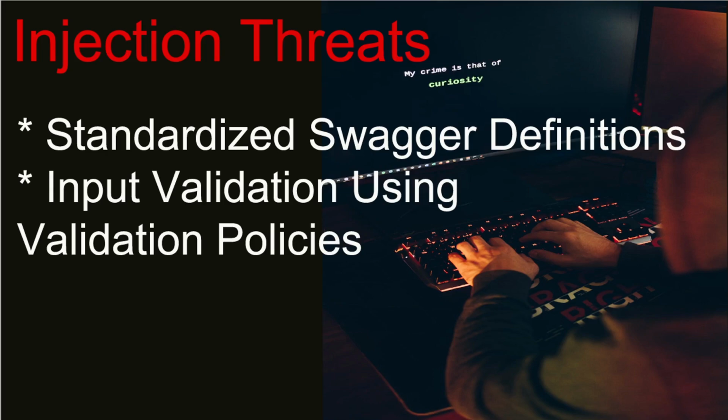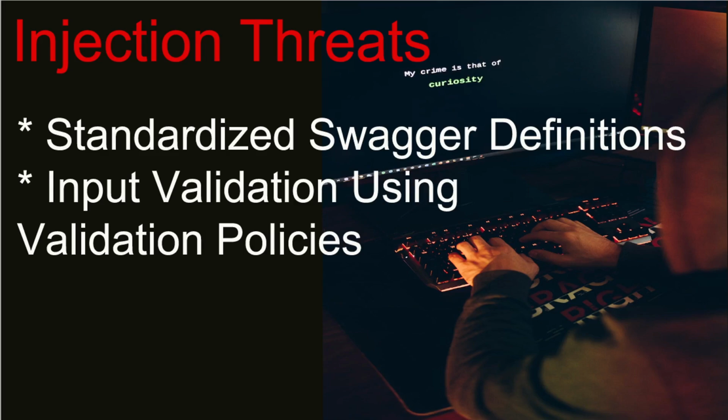So in case of API management platforms, whenever we expose, for example, RESTful APIs, we expose them with standardized OpenAPI specifications or Swagger definitions, and that helps us to clearly define what kind of request payloads we are expecting and what the expected parameters are.